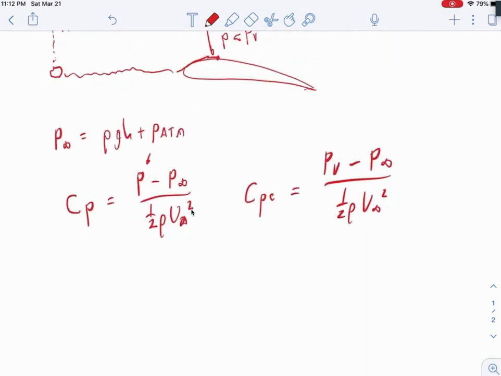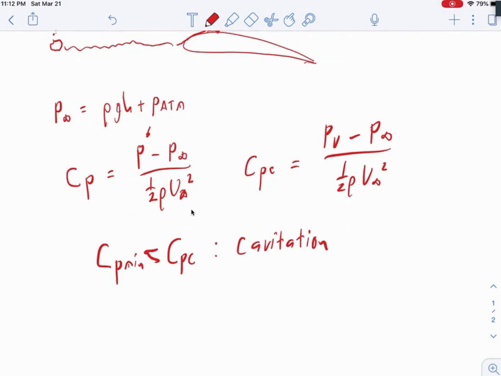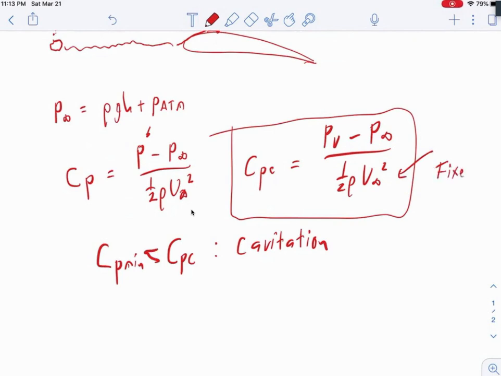And we can say if the minimum pressure coefficient anywhere on the foil falls below this critical pressure coefficient, then we're likely having cavitation. When we look at this critical pressure coefficient, the denominator is fixed for the problem because the speed is fixed and the density of the fluid is fixed.